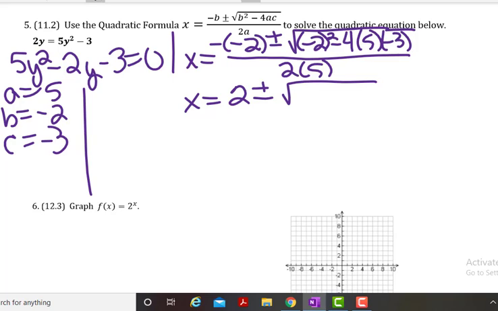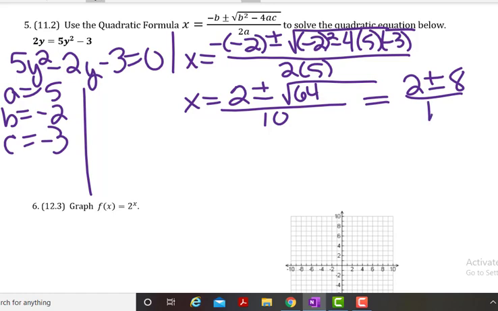So we get 2 plus or minus the square root of 64 divided by 10, which is 2 plus or minus 8 divided by 10. Now, since we have integers, we should simplify this one more time. 2 plus 8 over 10 is 10 divided by 10, or 1.